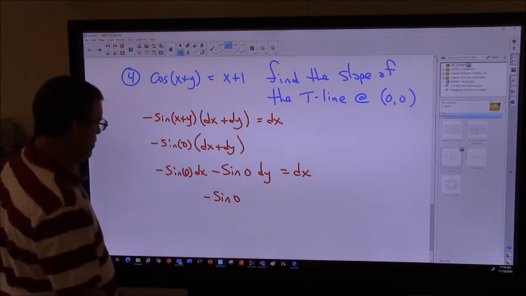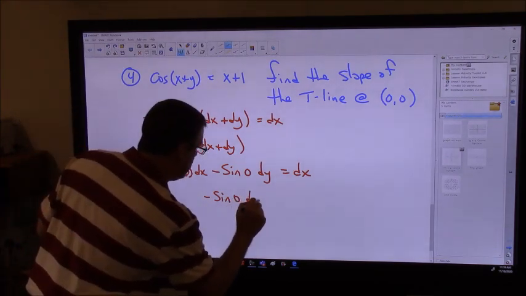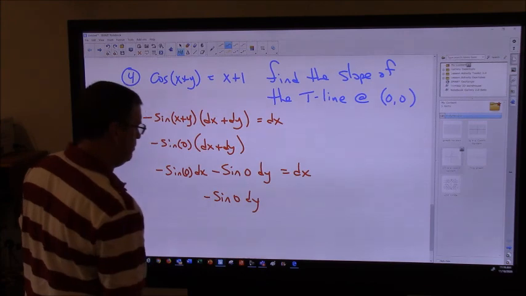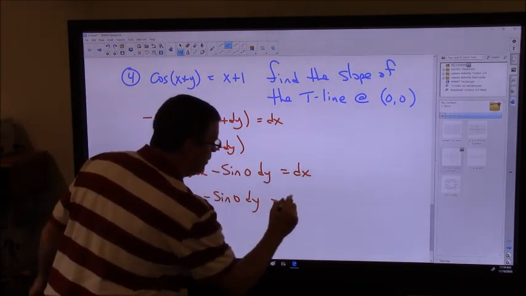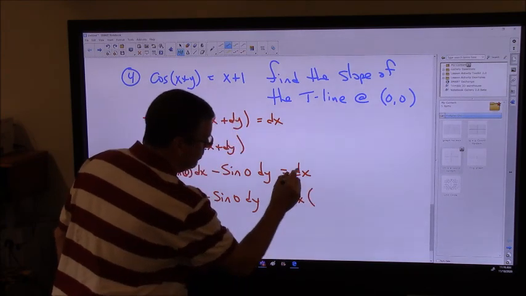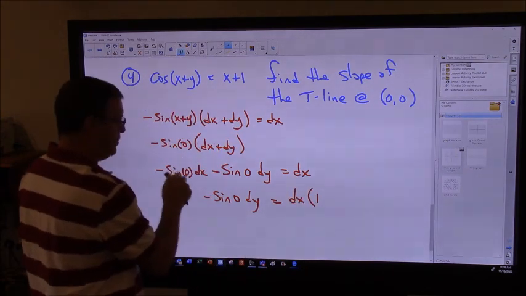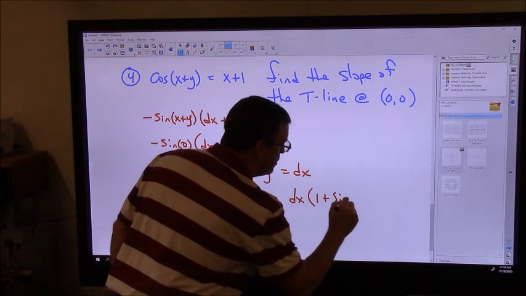Okay? So I've got a negative sine of 0 dx, dy. That's this term right here. This is going to go to the other side and become positive, and I'll factor out a dx. So here I get 1. When I move this over, I get plus sine of 0.